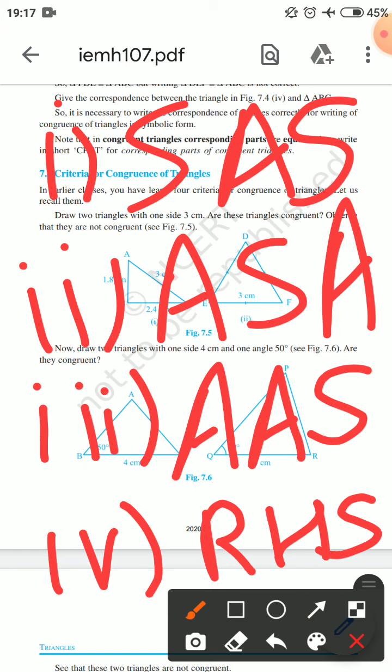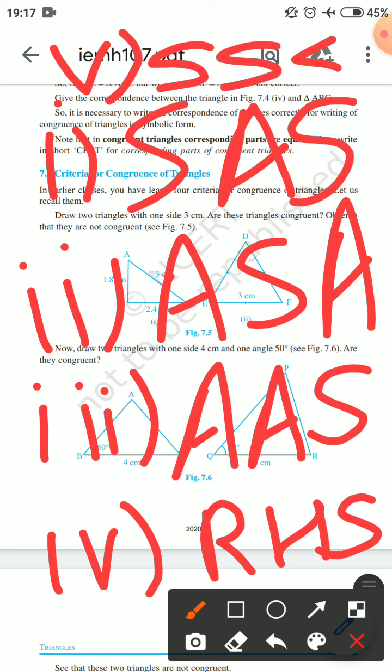We have one more criteria, let me see if I can write it here, that is SSS congruency rule, right. So these are the five. Let us discuss this in detail.